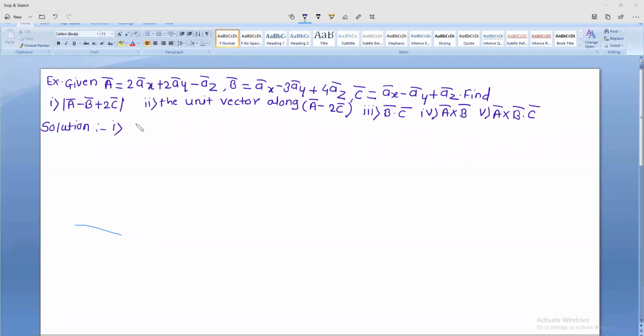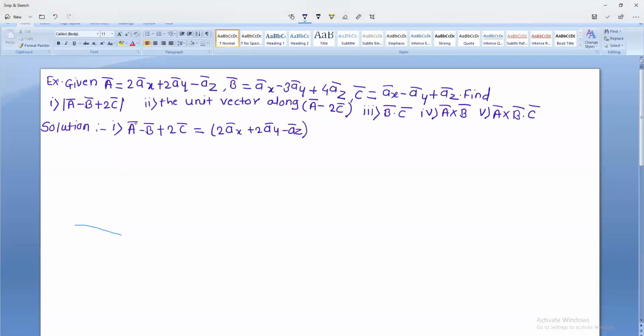So first, mod of a bar minus b bar plus 2c bar. Mod means magnitude of this equation. So first solve this a bar minus b bar plus 2c bar. Now a bar is 2a bar x plus 2a bar y minus a bar z, minus b bar.